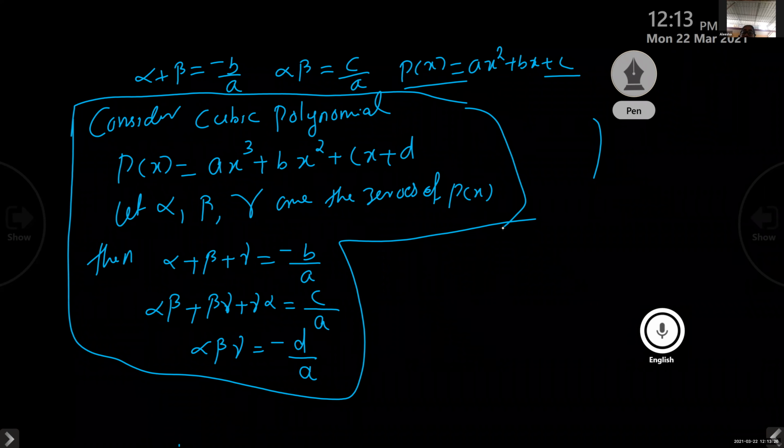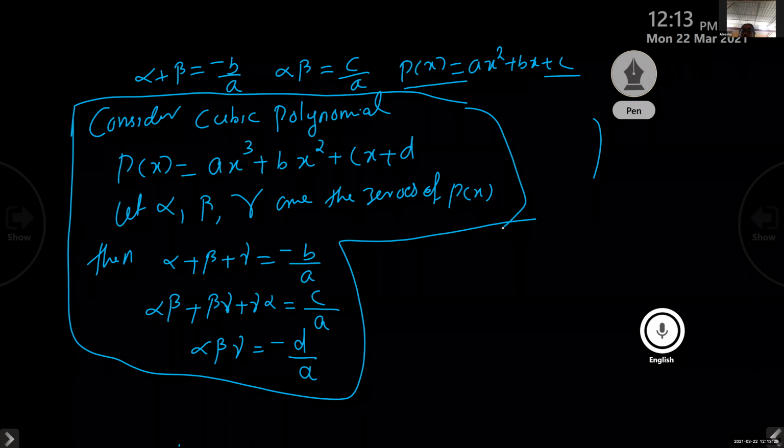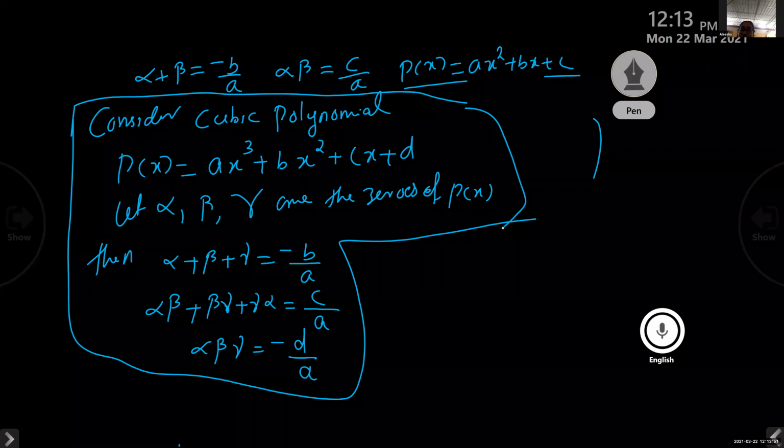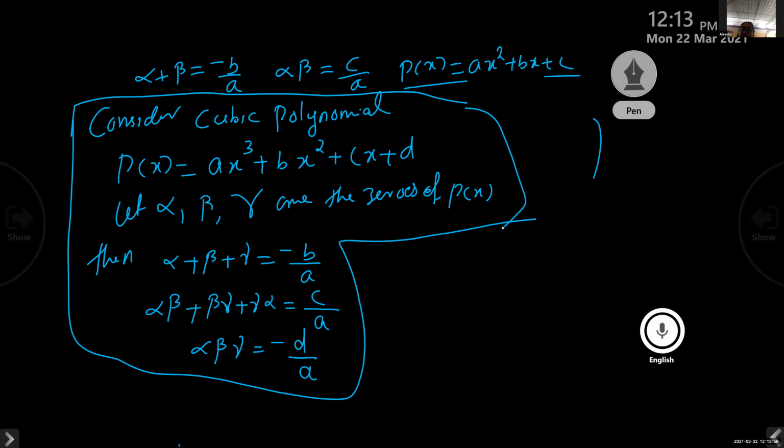Let alpha, beta, gamma be the zeros of p of x. Then alpha plus beta plus gamma is equal to negative b by a. Alpha beta plus beta gamma plus gamma alpha is equal to c by a. Alpha beta gamma is equal to negative d by a.